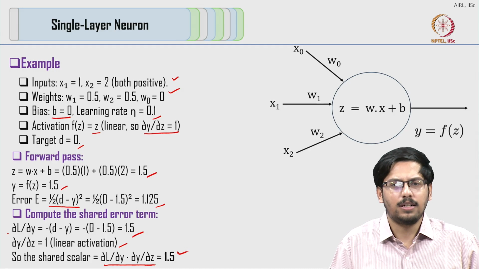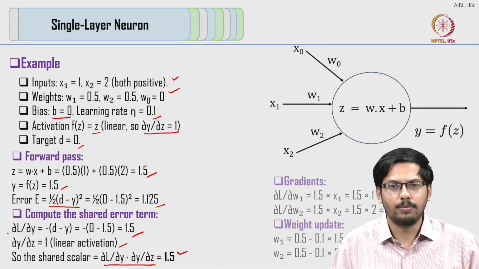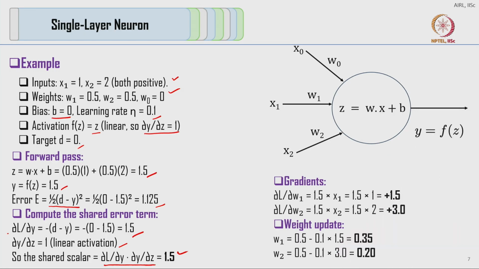Since we have calculated this part of the gradient update, let's now perform the gradient update, which is essentially delta W. So dou L by dou W1 is given as 1.5 times the input x1, which results in 1.5. Dou L by dou W2, which is 1.5 times the input x2, results in a value of 3. Finally, since we calculated the gradients, let's calculate the gradient update, which is given as this.